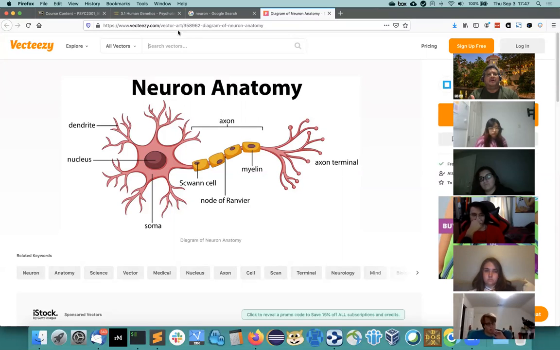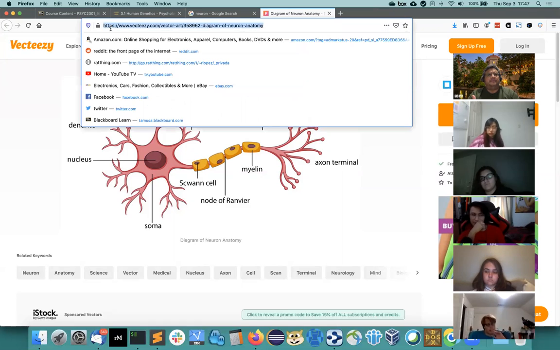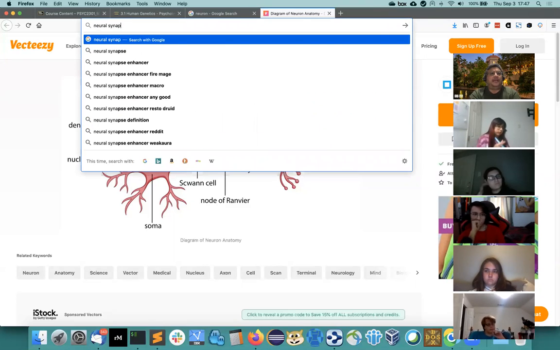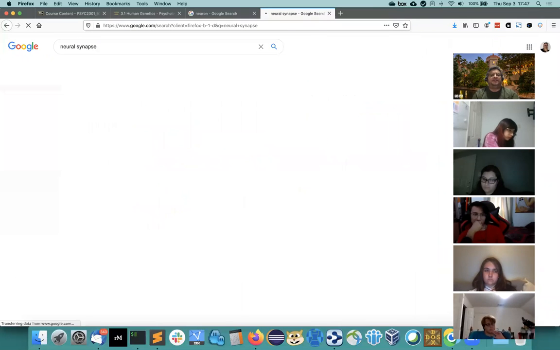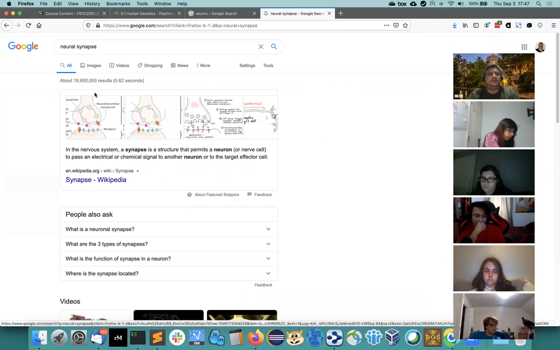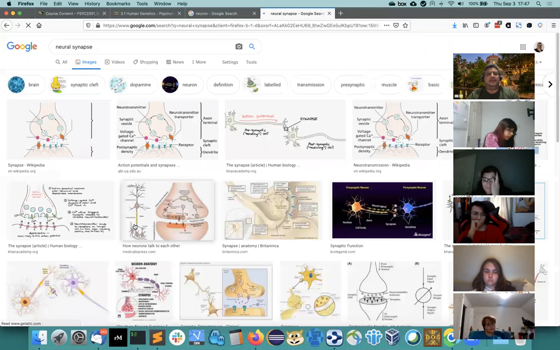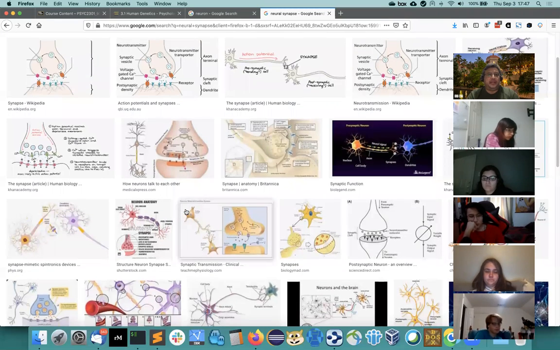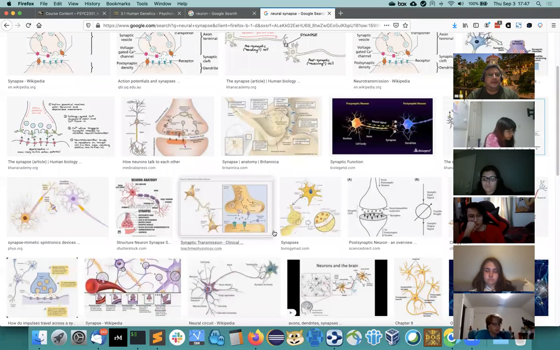And if you recall, we looked at the end of the axon terminal. The end of the axon terminal actually comes very close to touching the other neuron that it's communicating with, the neuron next door.